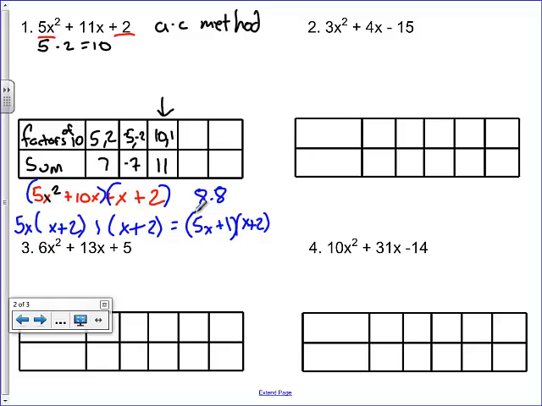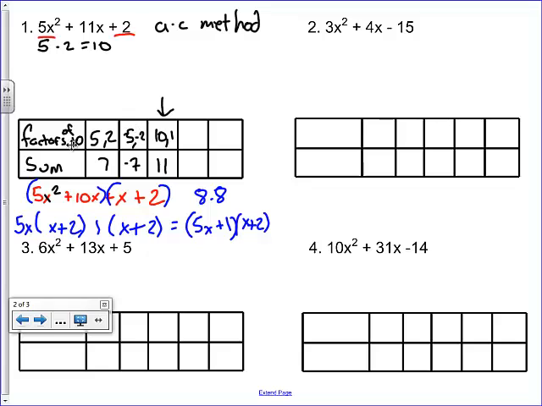Okay, so let's recap just real quick. We started with A and C. We multiplied them together. That number that we got, we took the factors of that number until we found the factors that gave us the sum of the middle term, 11x.